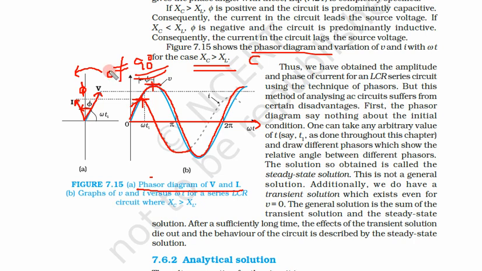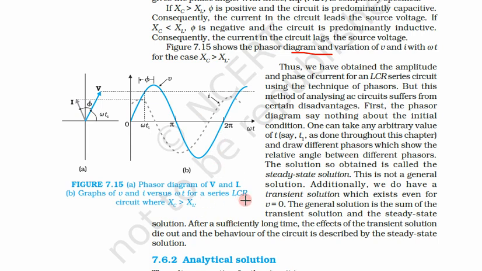It is some angle which is not equal to 90 degree. Here also we see this angle is not 90 degree. But again, due to the capacitive nature of the circuit, current is peaking before the voltage. So this is our phasor diagram for the LCR circuit with a condition. What condition?